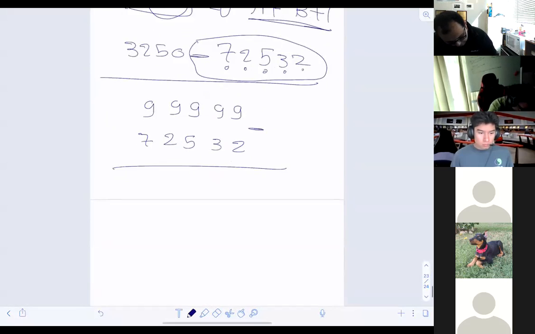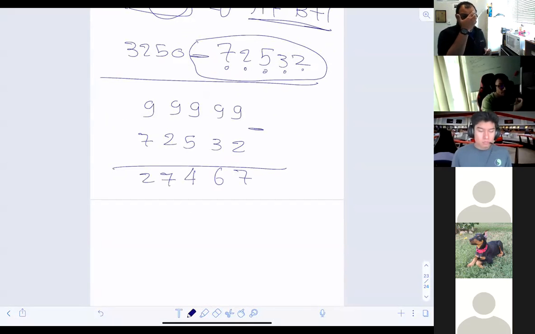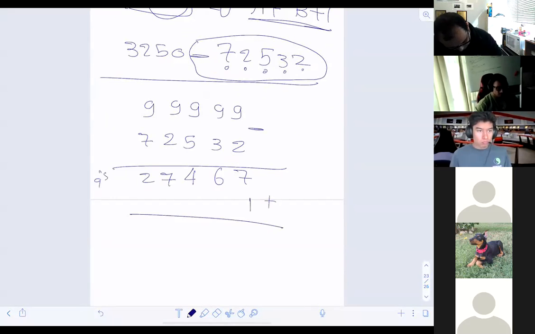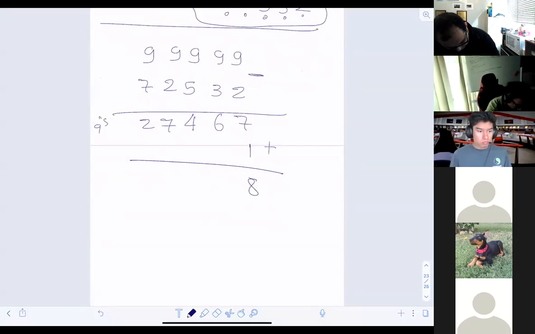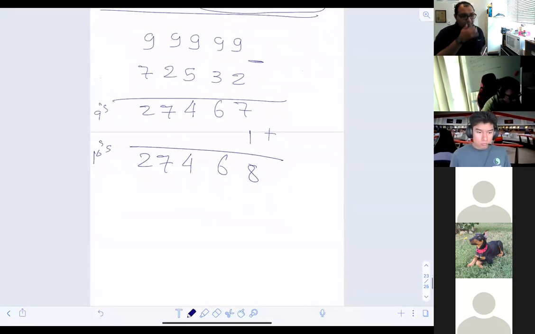You subtract from 9s, so the value is going to be 7, 6, 4, 7, 2. Right? This is my 9's complement. And then I add 1. So it's going to be 8, 6, 4, 7, 2? This is my 10's complement, right?